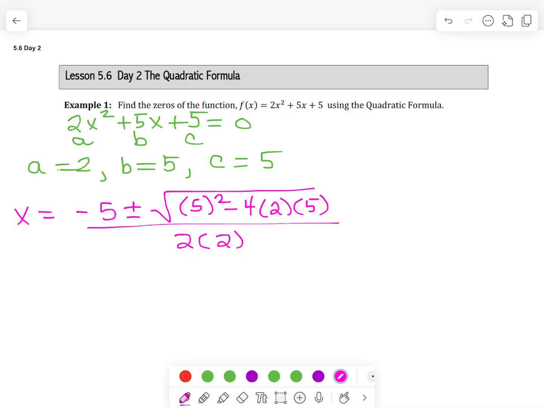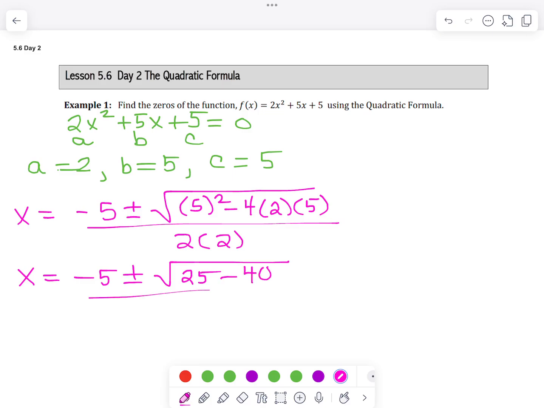And now we start simplifying. So x equals negative 5 plus or minus. We go underneath the radical to the discriminant. 5 times 5 is 25. And then we multiply negative 4 times positive 2 times positive 5, and we get negative 40.